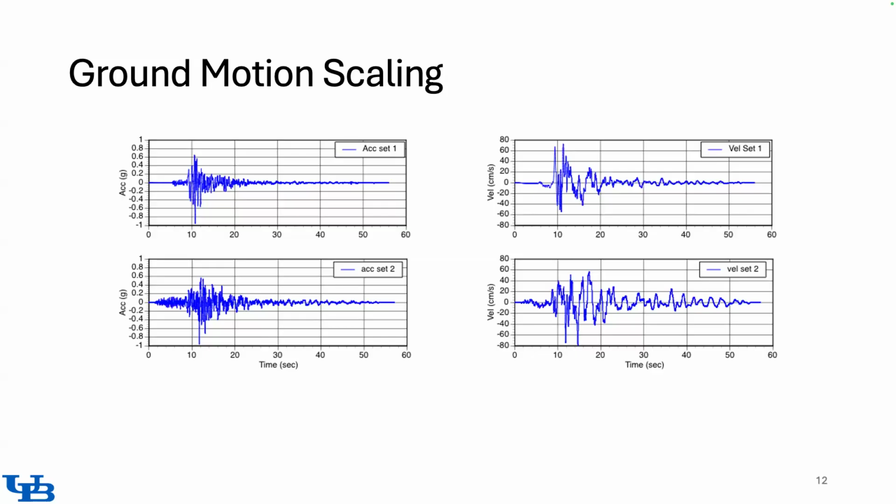S waves tend to carry more energy compared to P waves. If you remember, when we plotted the Arias intensity evolution, it will look something like this, where it increases, and once you get to the S waves, it starts increasing a lot faster. If you think that the amplitude squared is proportional to the energy in the ground motion, then most of the energy is contained here.